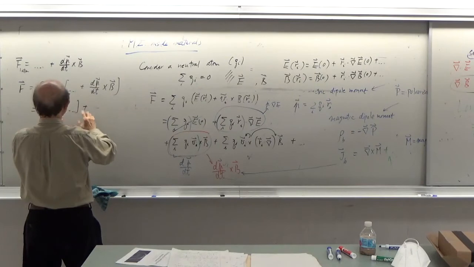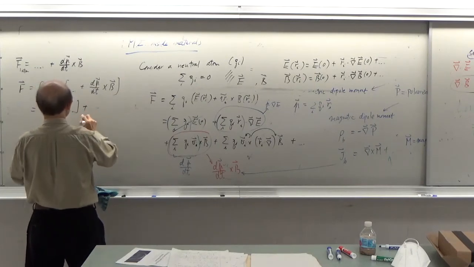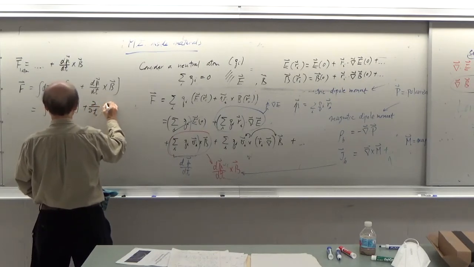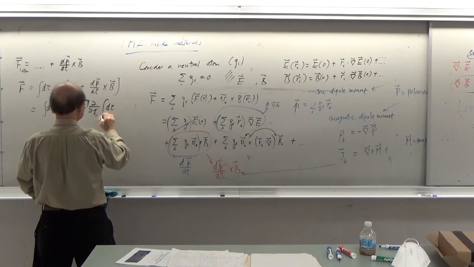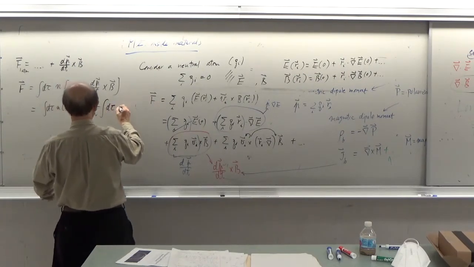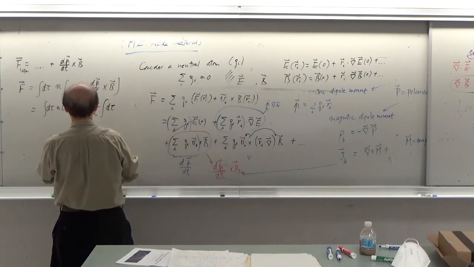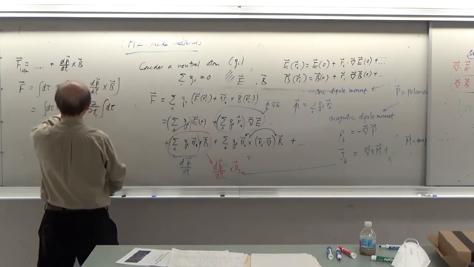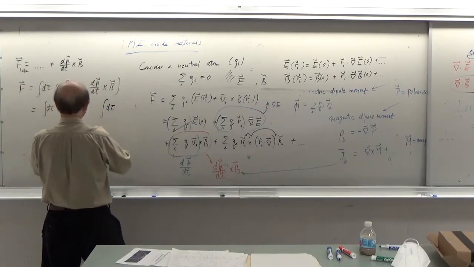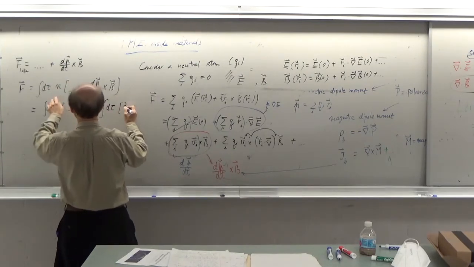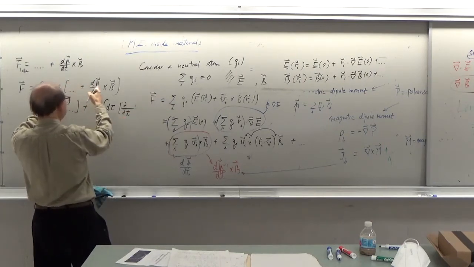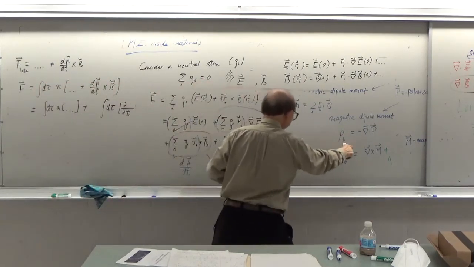So this is equal to del by del t. d dt is for each particle, so that in fact I should replace this by del by del t, acting on np, which, as I said, is the polarization.